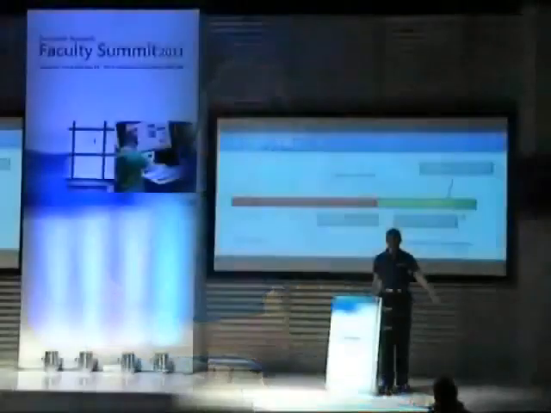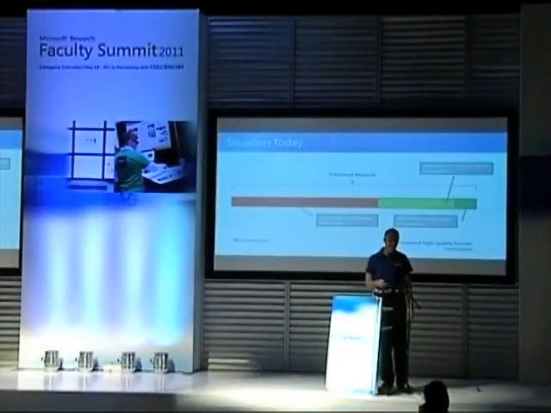So why is Microsoft using automatic translation? I'm talking about why Microsoft is using automatic translation for its own purposes, not necessarily considering here that the service is available for everybody to use.